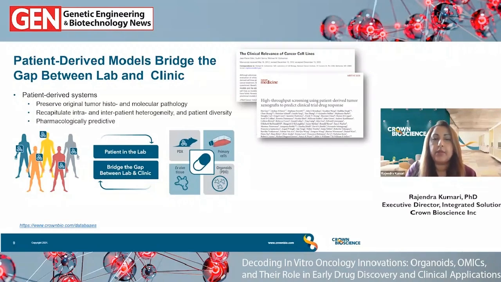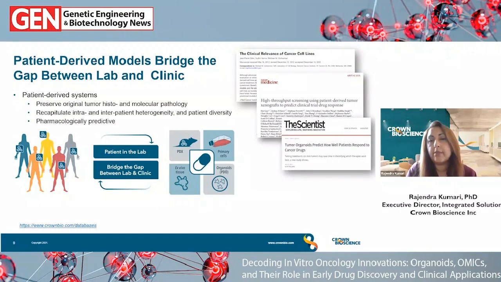But the inclusion of these systems in early discovery has been limiting, and this is because they are actually maintained in vivo. Now, this is where organoid technology has had a significant impact. So like PDX models, organoids are also created from patient tumors. You can create biobanks, you can capture that patient diversity and heterogeneity, and you can also do clinically relevant studies.